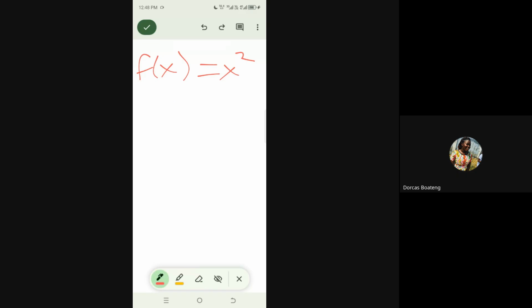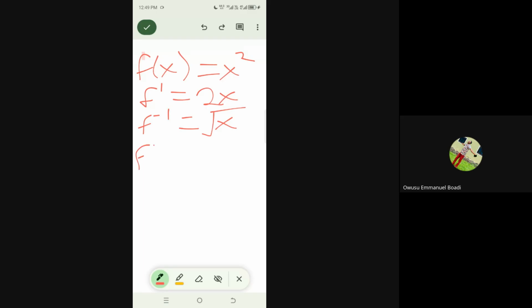So the formula, we know that we have to find f prime. What will be f prime? The derivative of f of x. 2x. Very good. And now we will put it inside the equation. We already know that f inverse is root of x.